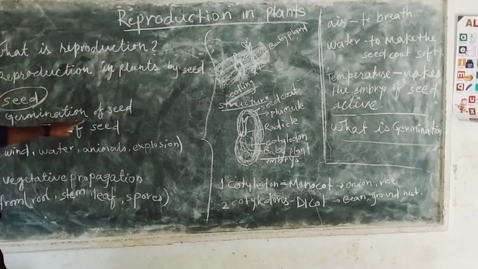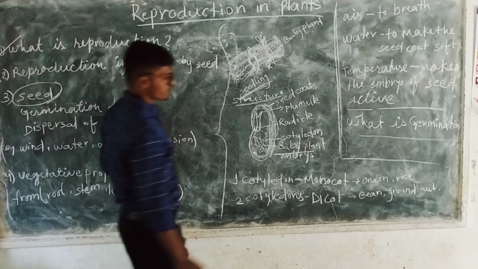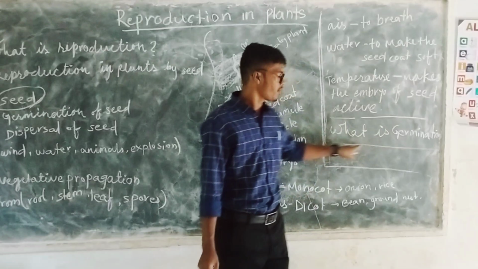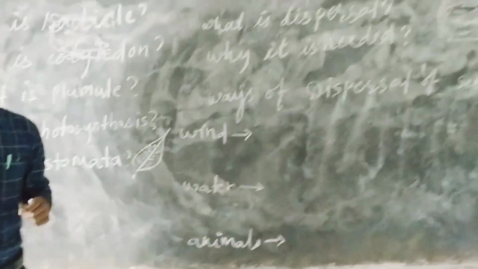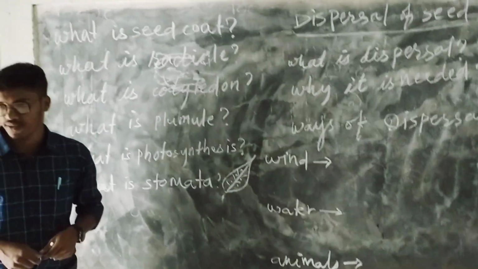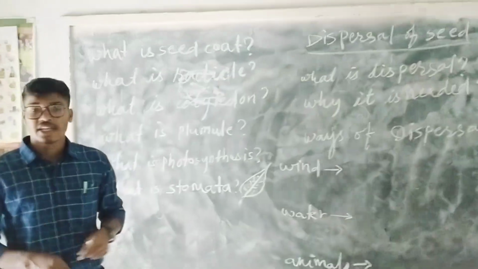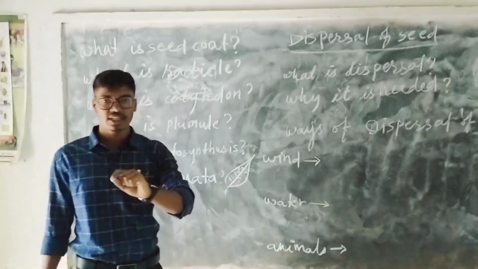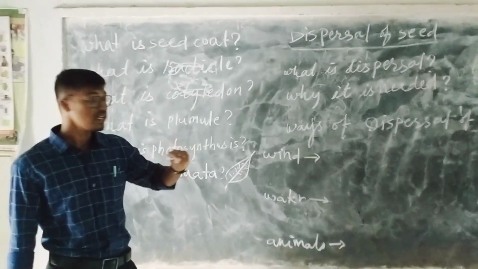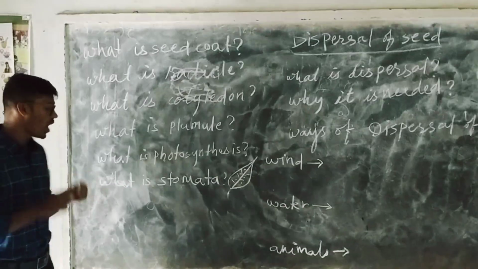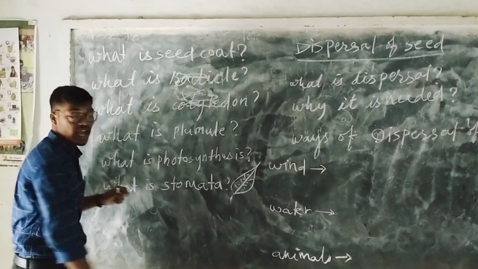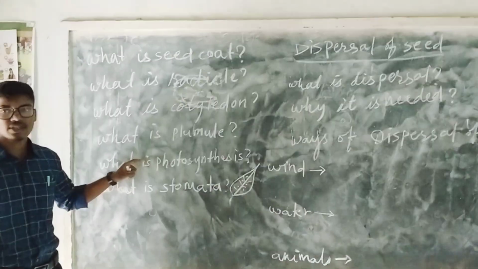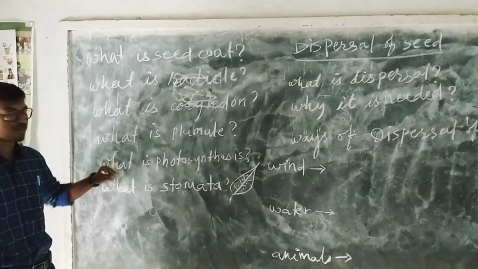Here, germination of seed. Now, what is germination? Germination means when the seed slowly becomes a baby plant, and when that plant starts to have many roots, leaves and branches, the process is called germination of seed.